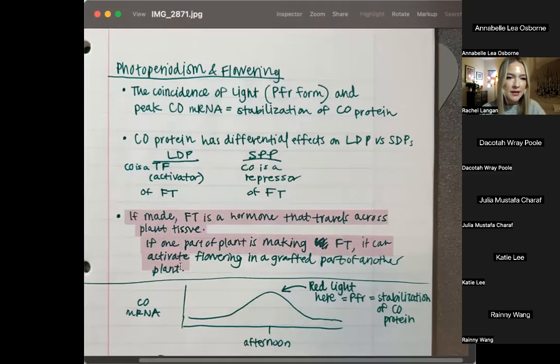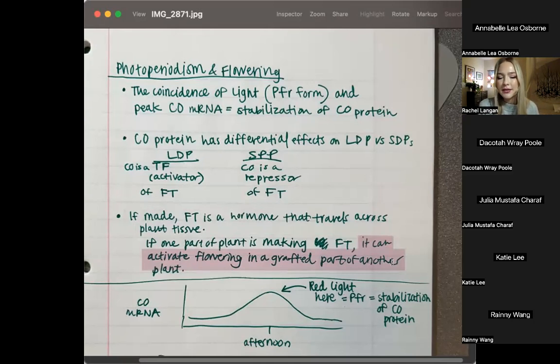So if it's made, the FT protein is a hormone that triggers flowering, and because it's a hormone, it travels across plant tissue. It's actually made in the leaves, and then it travels to the meristem. This is also a key point, because if one part of the plant is making FT, it can activate flowering in a grafted part of another plant.